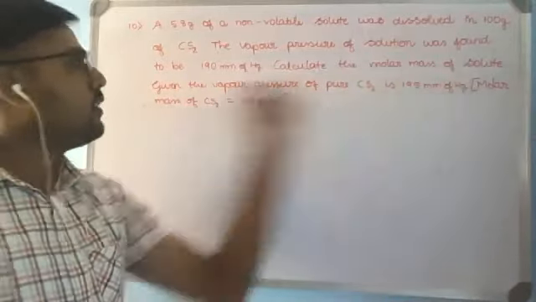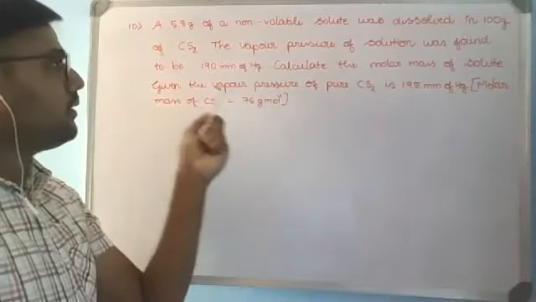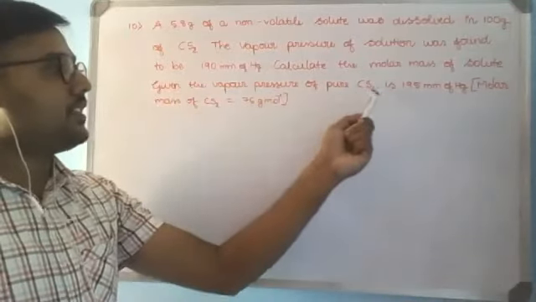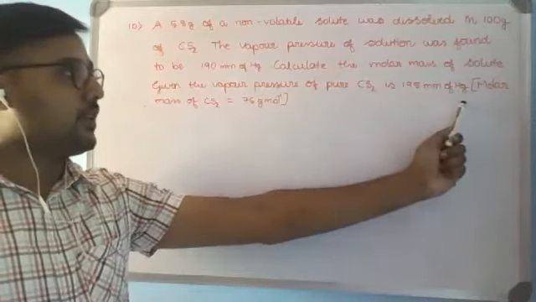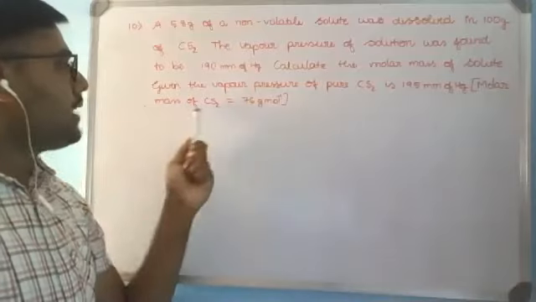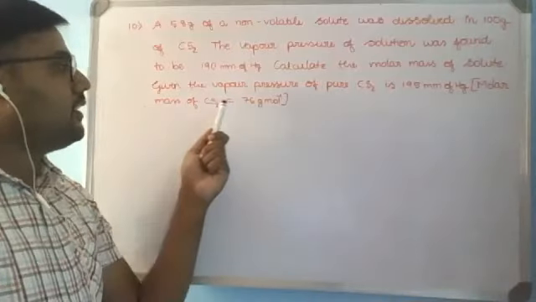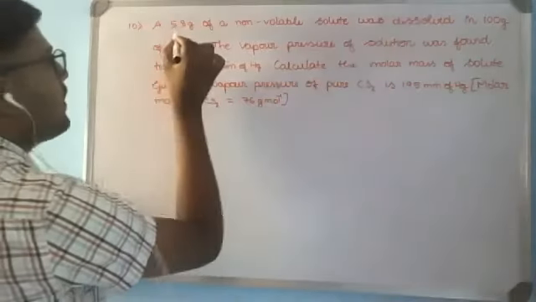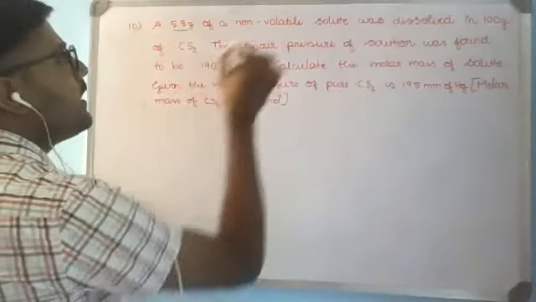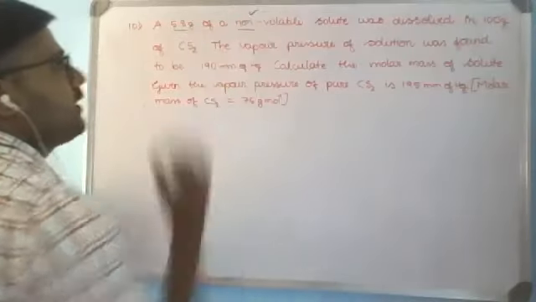Calculate the molar mass of solute. Given the vapor pressure of pure carbon disulfide CS2 is 195 millimeters of mercury. Molar mass of carbon disulfide CS2 is 76 gram per mole. Now, if you observe the question properly, it is 5.8 grams of non-volatile solute.